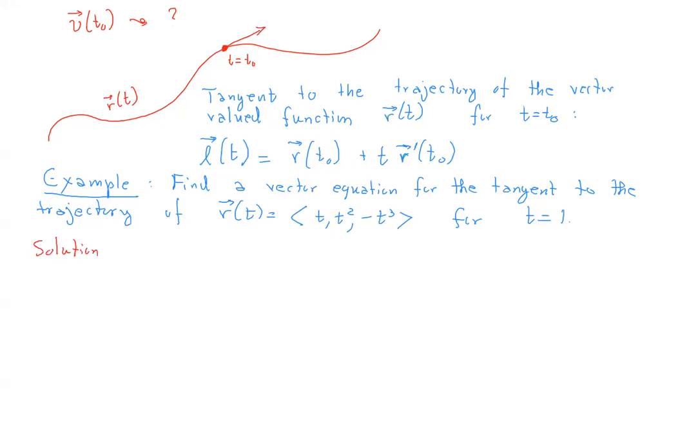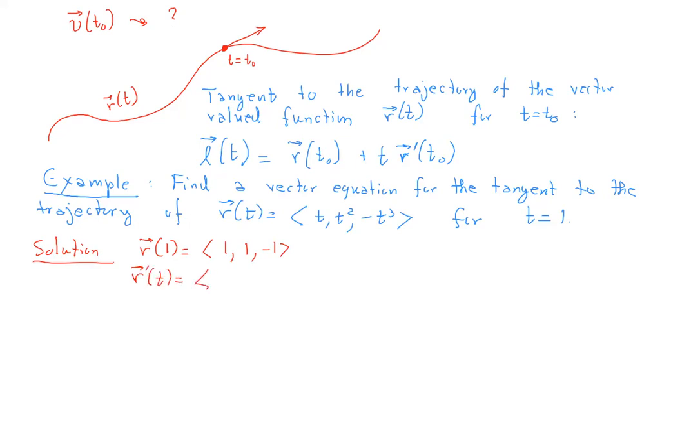The solution is to simply compute r of 1 and r prime of 1. So what is r of 1? The position vector for time equal to 1 is going to be (1, 1, negative 1). And what is the velocity, r prime of t?